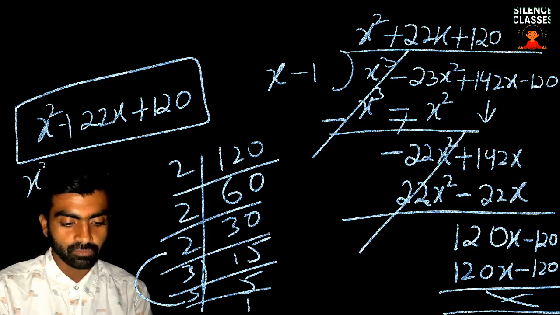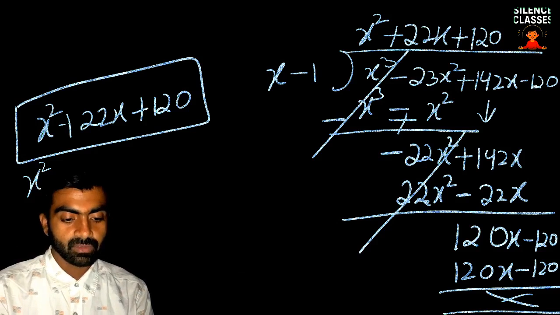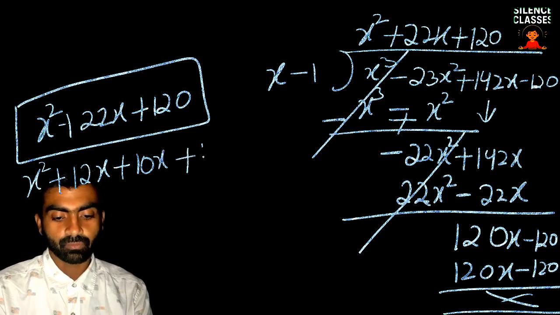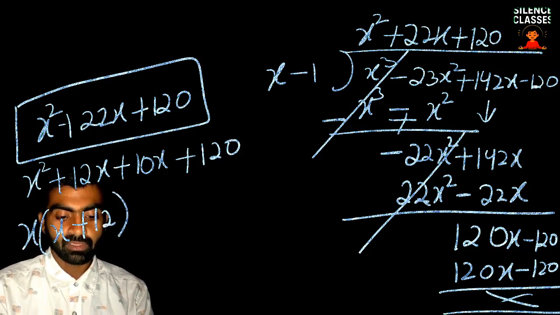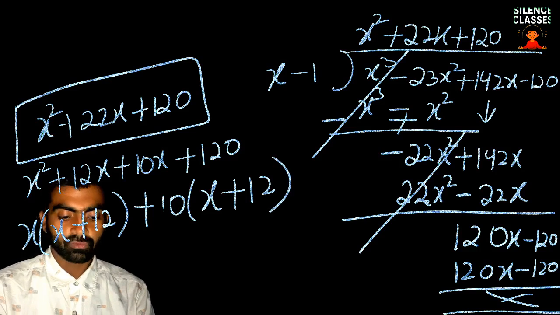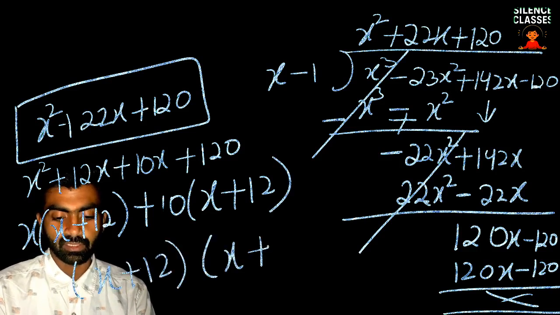We will get x square plus 12x plus 10x plus 120. We will take x as common, so x plus 12, and we can take plus 10 common, so we will get x plus 12. So x plus 12 we will get, and x plus 10 we will get.